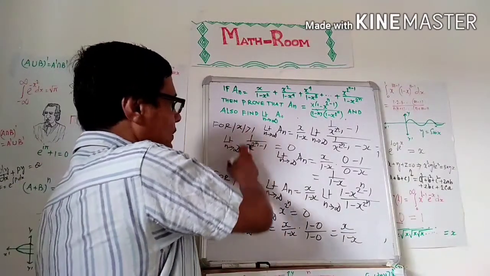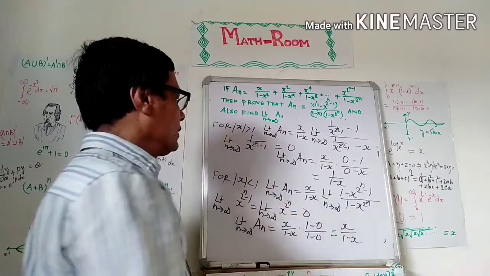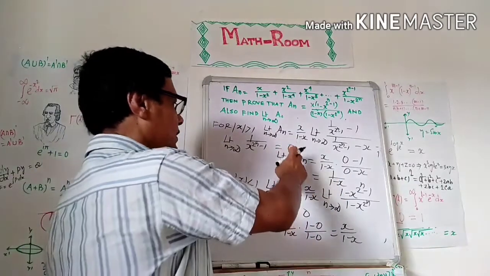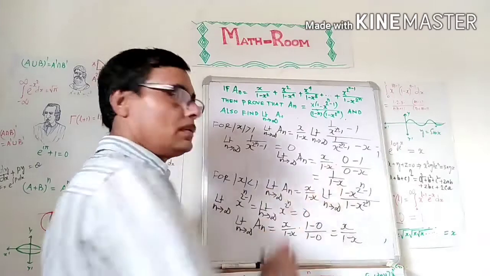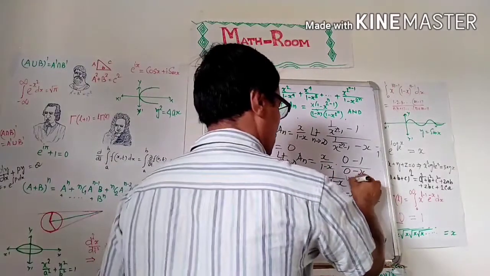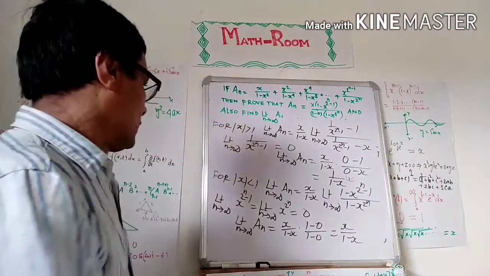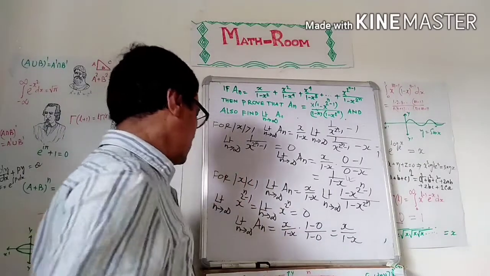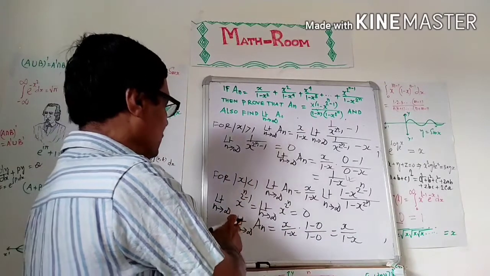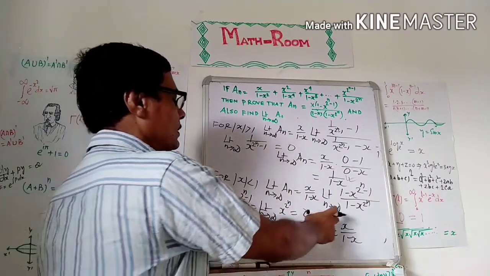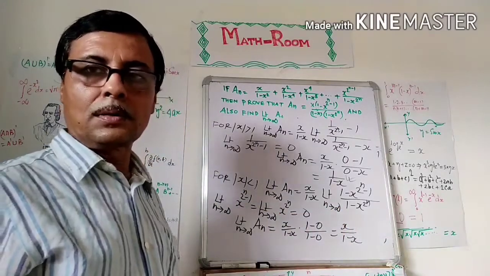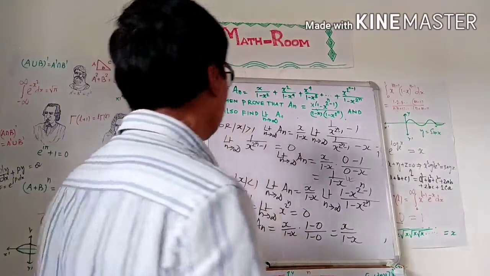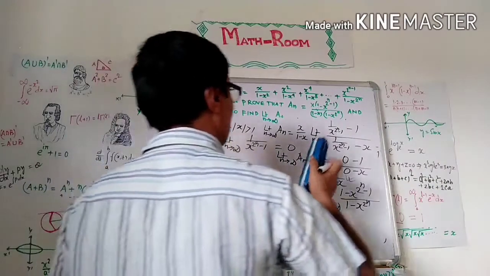For mod x greater than 1, we have got the limit as n tends to infinity equal to 1 over 1 minus x, and for mod x less than 1, we have got the limit equal to x over 1 minus x. So these two limits are found out.